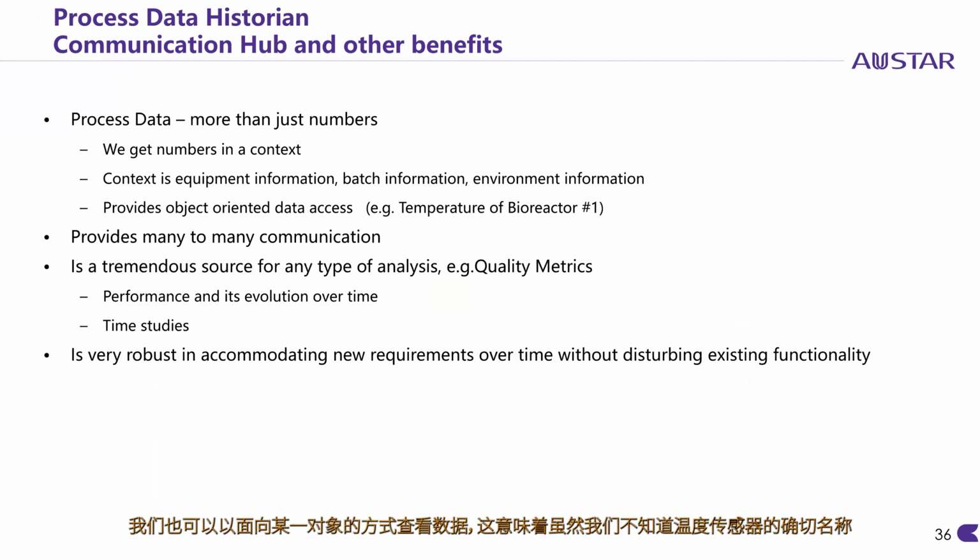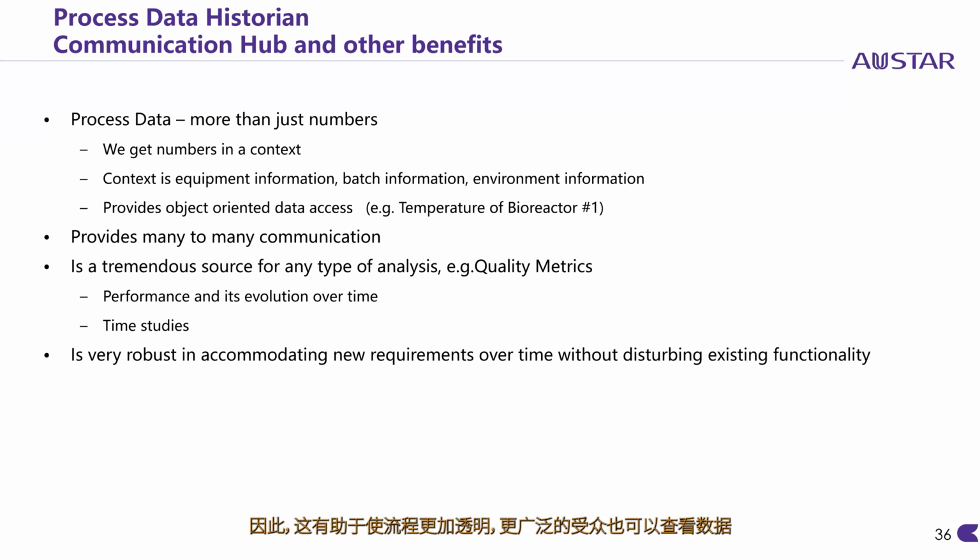Then also we can look at the data in an object-oriented way, which means we must not know the exact name of a temperature sensor. It's enough for us to understand we want to look at bioreactor number 1 and its main inner temperature. So this helps to make the process more transparent. Also, a broader audience can look at the data.